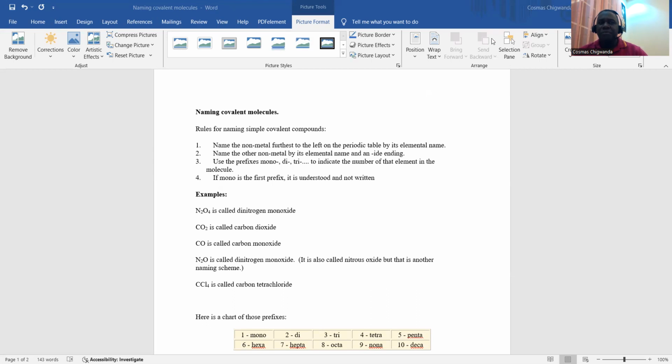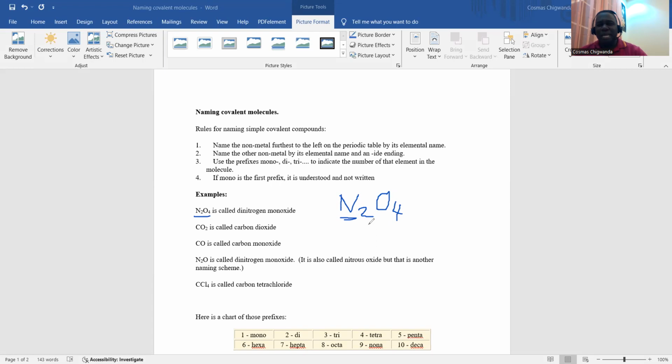For instance, we have this molecule here, N2O4. We said the one which is furthest to the left, nitrogen, its name is not going to change. It will still be nitrogen, but we have two of them.